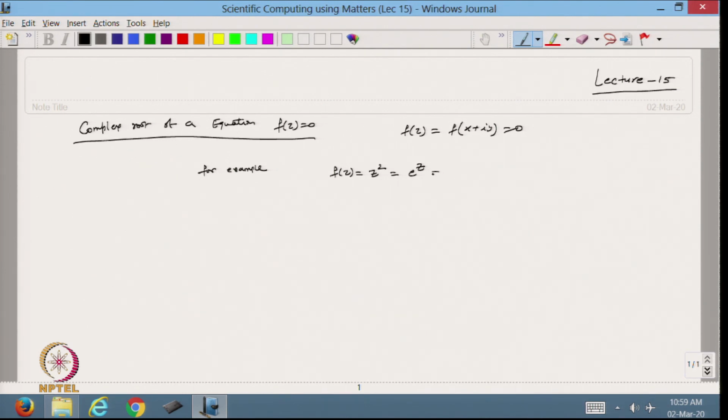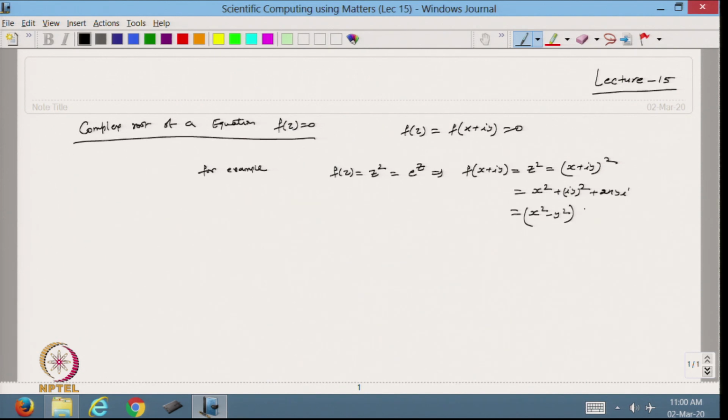For example, I can write f of x plus iy, and suppose I have z square. That is equal to (x plus iy) whole square. I can expand this as x square plus (iy) square plus 2xyi, and based on this I can write x square minus y square.